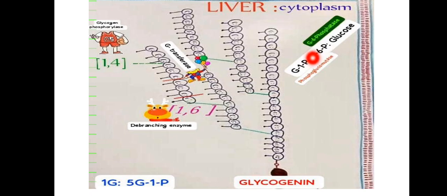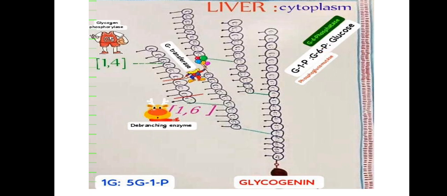Since they have managed to form glucose 6-phosphate, I'll remind you, in glycolysis we said the first step is to convert glucose to glucose 6-phosphate. We have our glucose 6-phosphate here. So what your muscles will now do, they'll redirect this glucose 6-phosphate into the glycolysis pathway so that it can now undergo glycolysis and produce ATP.